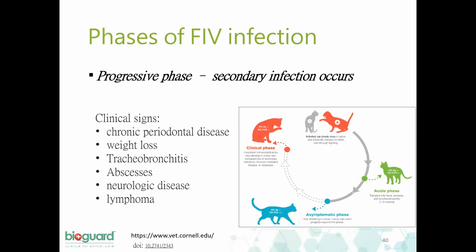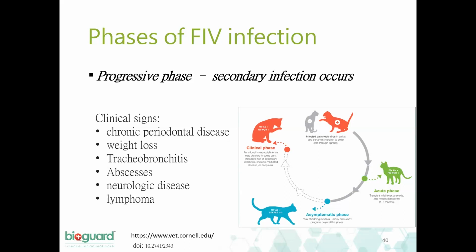And cats may develop chronic or recurrent infections of the skin, eyes, urinary tract, or upper respiratory tract. Inflammation of the gums and severe dental disease known as gingivostomatitis are common in cats infected with FIV, and they are significantly more likely to develop cancer and immune-mediated blood disorders than healthy cats.